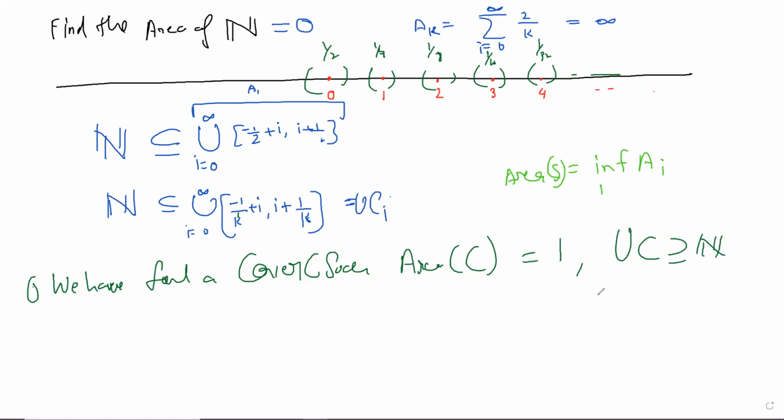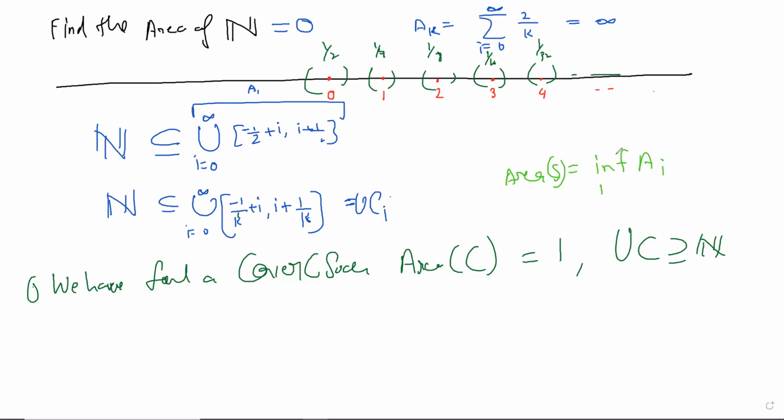So what have we shown? That there is a member in this set. That's where I made the mistake maybe, but in fact it's not. I'm saying there are not countably many A_i, but there are just many covers. My point is that we have found a cover whose area is 1.